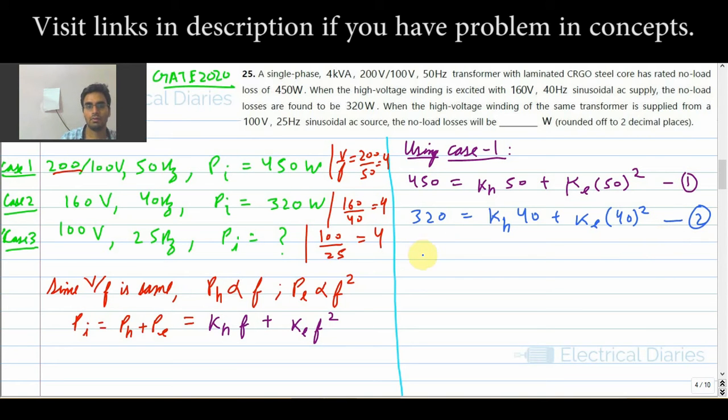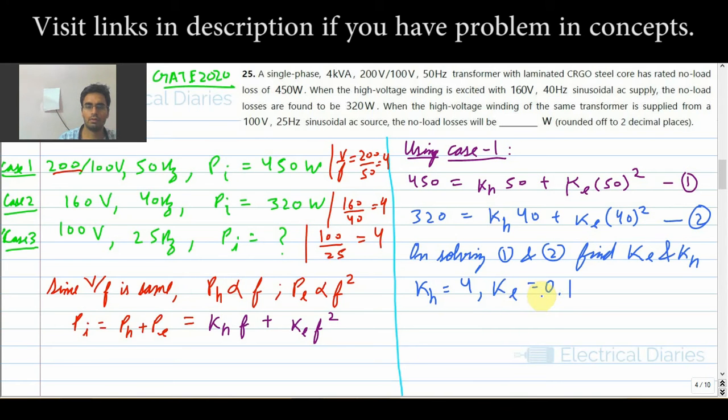Okay, so on solving 1 and 2, find KE and KH. On solving this, your KH comes out to be 4 and KE comes out to be 0.1. Okay, so you can easily now find out case 3.